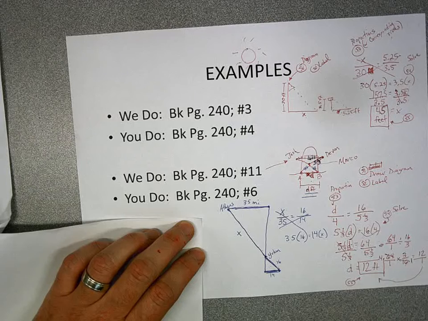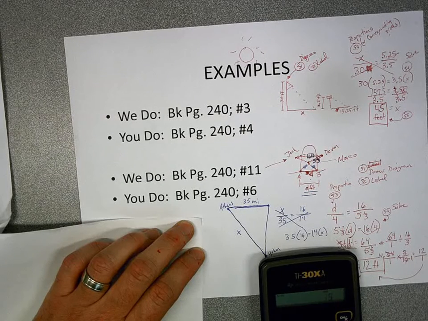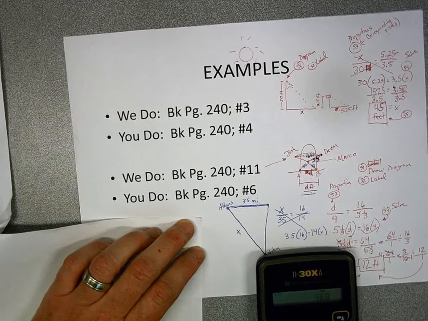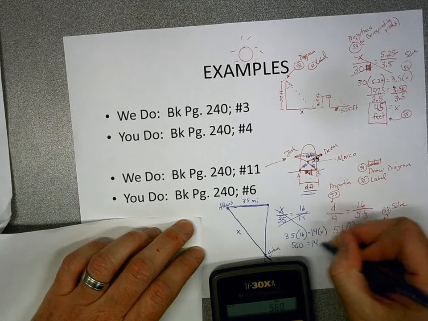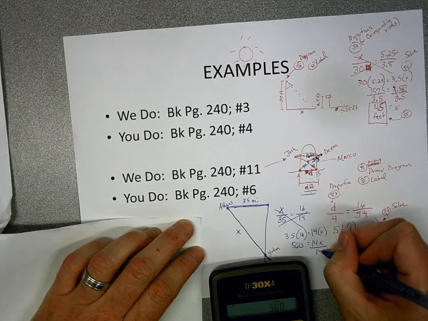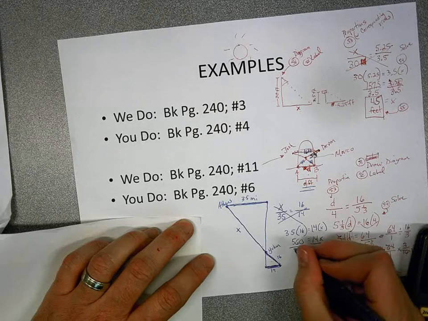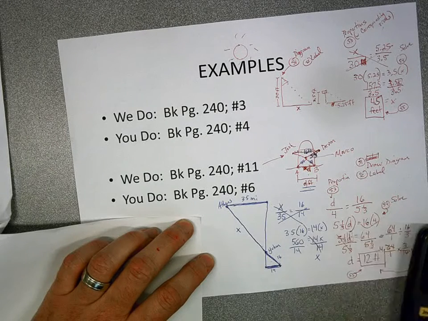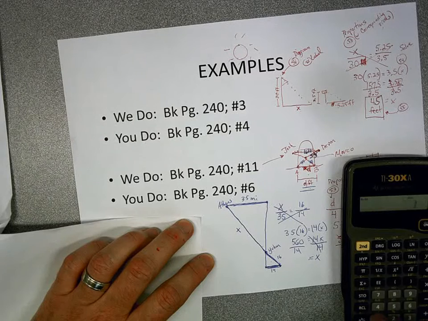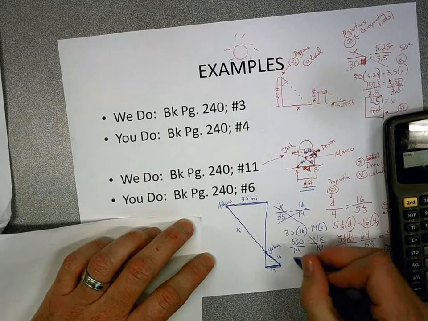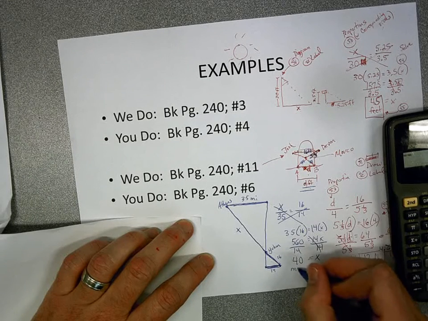So 35 times 16 equals 560 equals 14x. If we divide both sides by 14, we get x is equal to 560 divided by 14, which equals 40. And of course it's all in miles, so I put my units of miles, 40 miles.